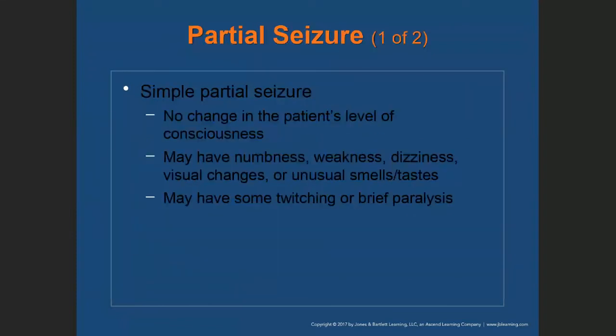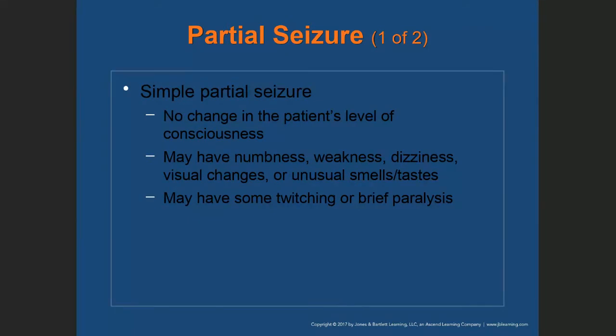For the partial seizure, it can be a simple partial seizure, or it can be a complex partial seizure. And these are localized or focal seizures. With a simple partial seizure, there is no change in the patient's level of consciousness, right?